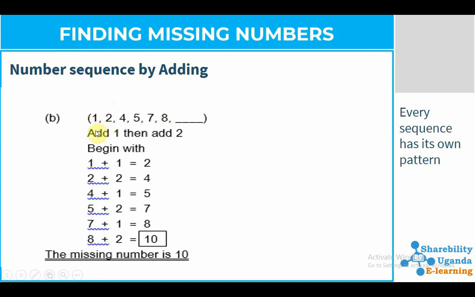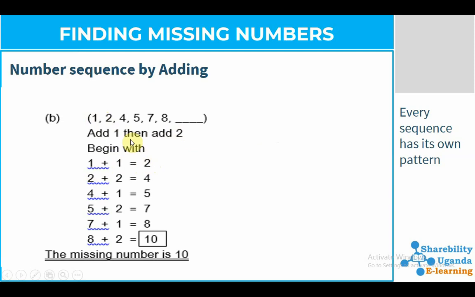So here we can see in addition they are saying add 1 then add 2. They are saying that at the start, our number here, we add a 1. When we add 1 plus 1, we get 2.